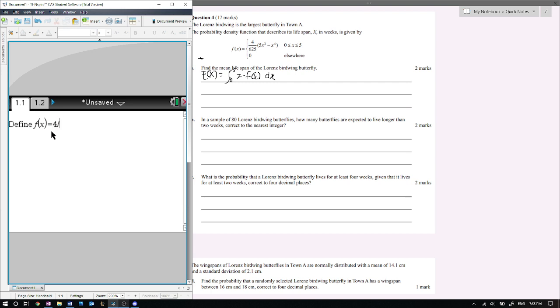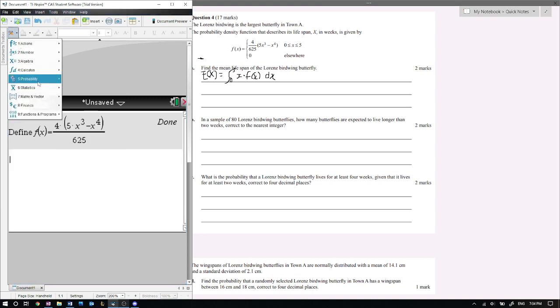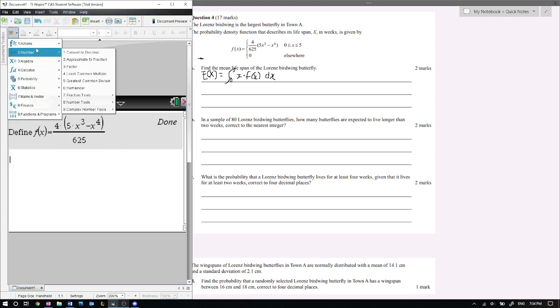First off, I'm gonna define my function, and then I can integrate.